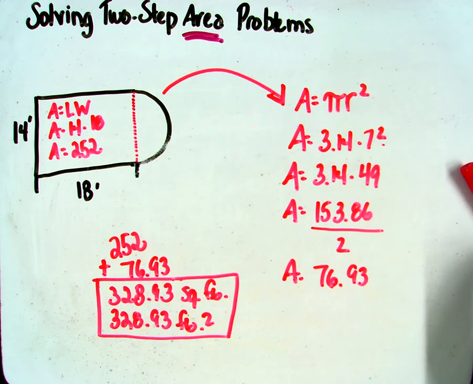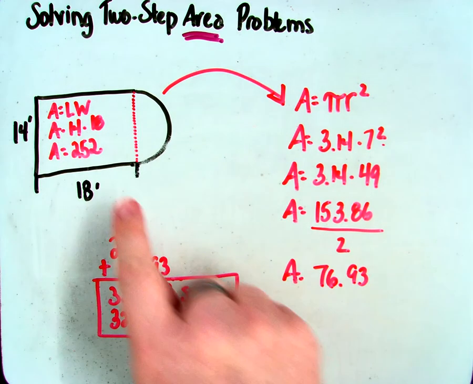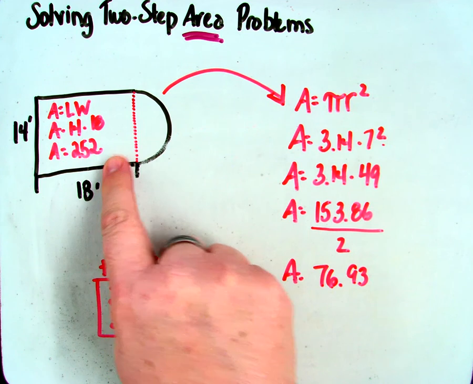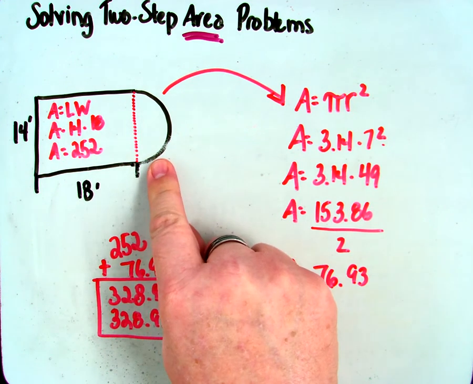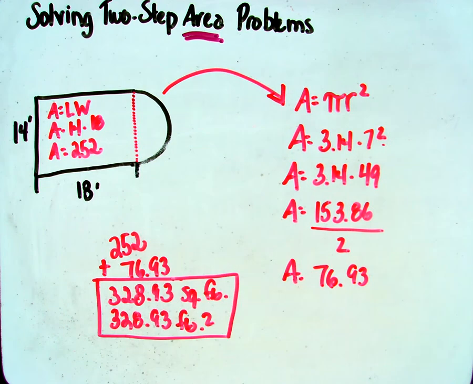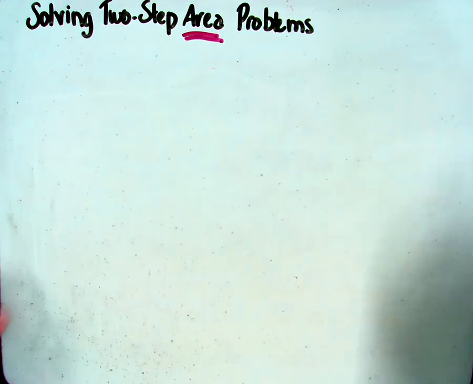Now, what we've been doing so far in solving these two-step area problems is we've been taking the measurement of one geometric figure and adding it to the measurement of another geometric figure. Now, let's turn it up a little and look at it a different way.